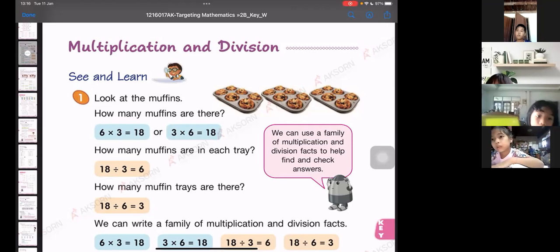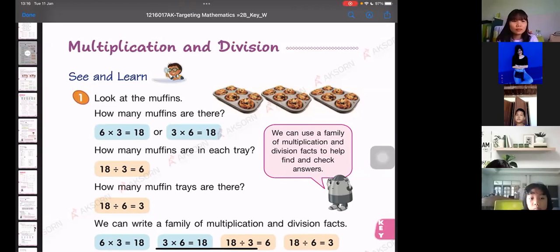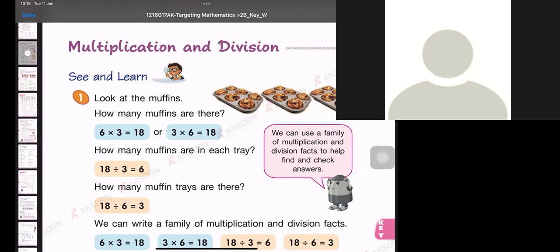18 divided by 3 is how many? 6. Okay, very good. It is 6.